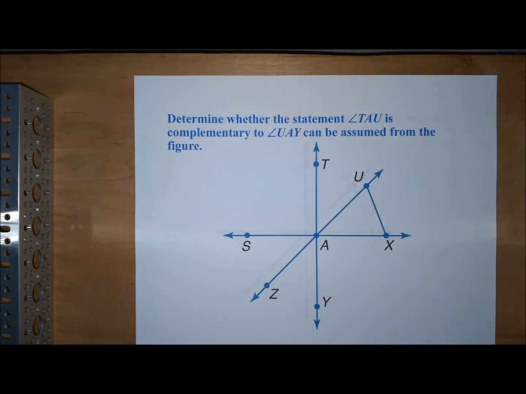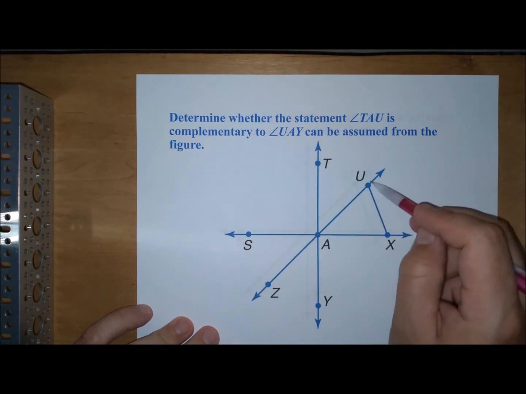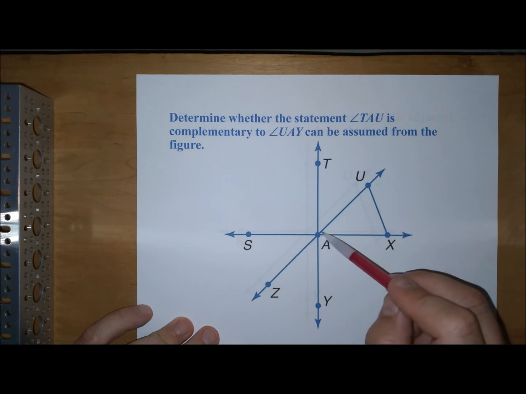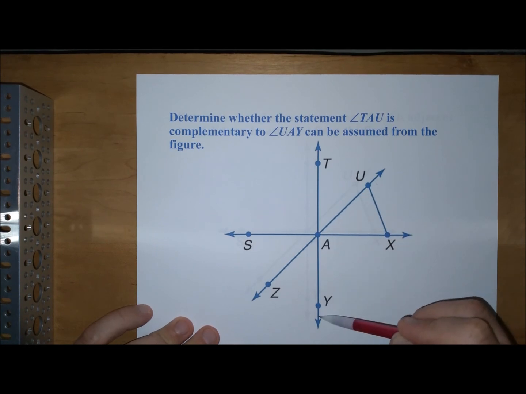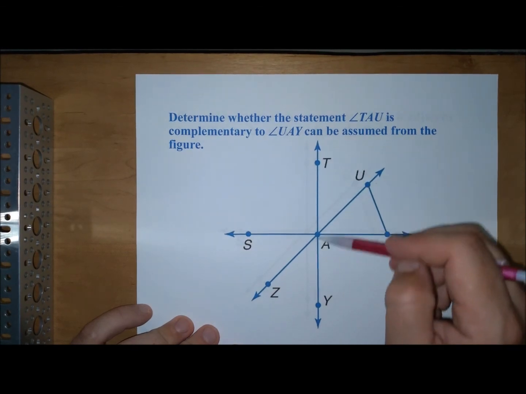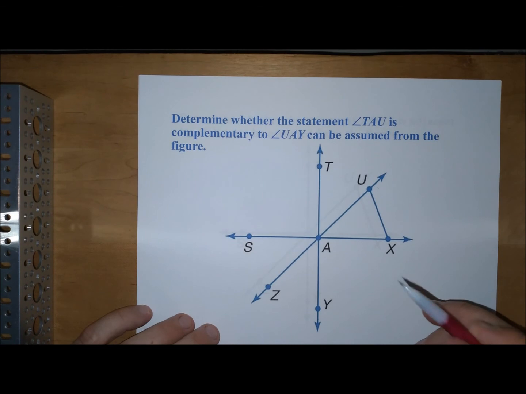All right, how about this one? Could I determine whether the statement TAU is complementary to UAY? Is that something I can assume here? TAU, complementary to UAY. What do you think? TAU and UAY, they're collinear. I could assume they're supplementary, right?